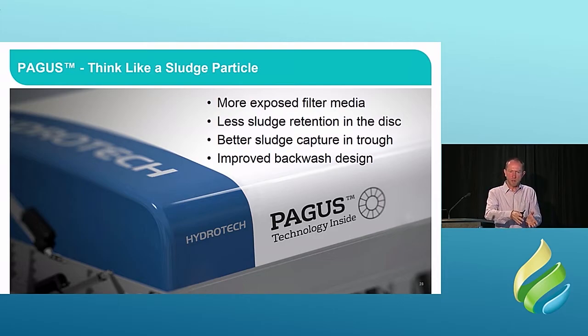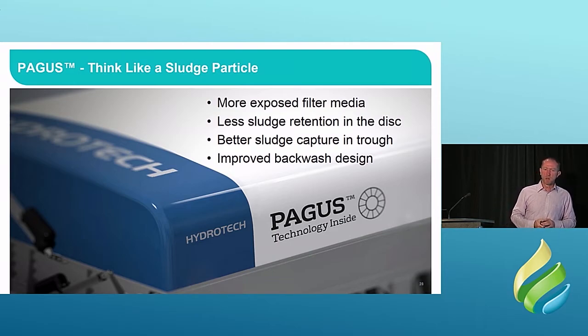So ensuring that it gets out, and then the trough itself catches all of the sludge that comes out, as opposed to the sludge being able to escape out of the trough. All of this resulted in an improved backwash design, a more efficient sort of particle management, if I can put it like that, and that also helps this new performance filter do a better job of treatment, more efficiency.